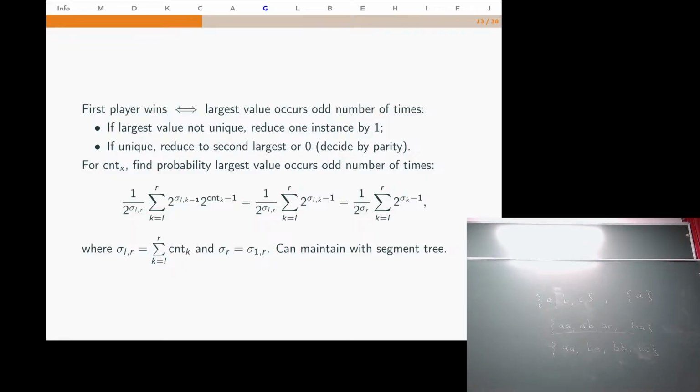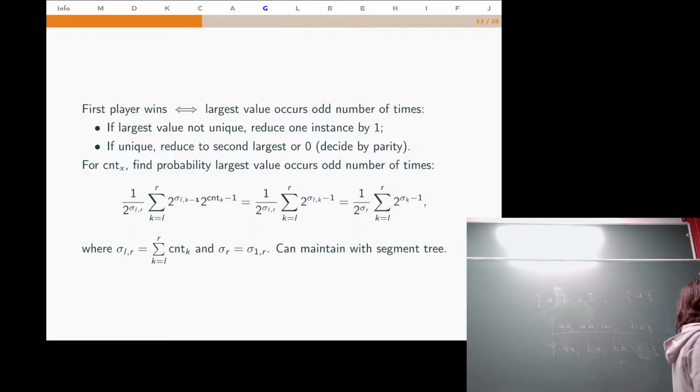So we iterate over k, where k is the largest value that we will take, and then we count the number of subsets of the largest value that contain an odd number of elements, which is 2 to the power of count k minus 1. This is for the largest value, and for everything smaller than the largest value, we just consider all possible subsets.